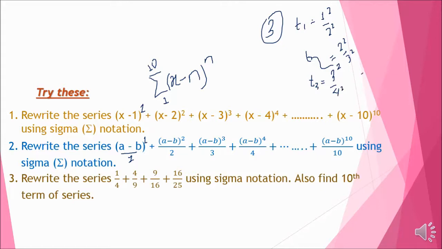Now with the trend we can easily find it's n square in the numerator upon n plus 1 square in the denominator. It's always n plus 1, isn't it? While there is 3 it is 4, while there is 2 it is 3, while there is 1 it is 2, so it is increasing by 1. So we can write n plus 1 whole square, and in sigma notation it runs from 1 to 4, only 4, and the 10th term t10 is equal to, you can find t10 also.